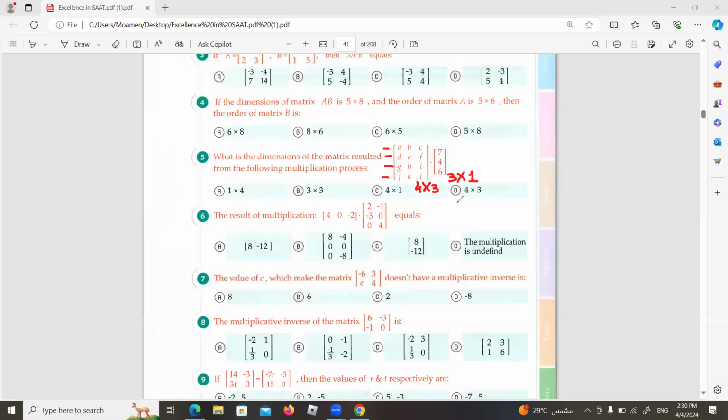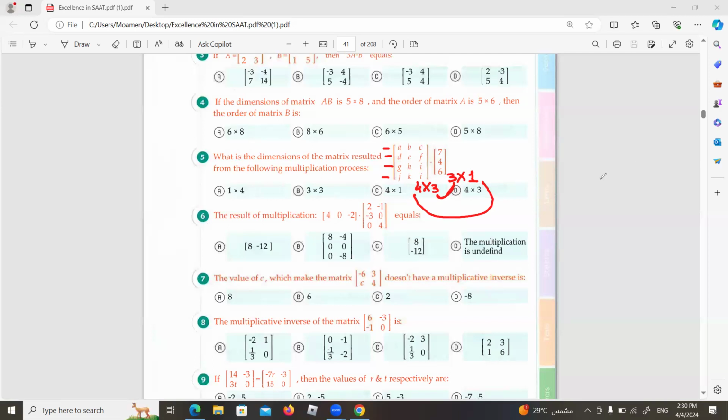We can multiply. Yes, you can multiply. Why? Because the inner numbers are the same: the number of columns of the first matrix is equal to the number of rows of the second matrix. This is the first step. But what about the product? The product will be of order 4 multiplied by 1.